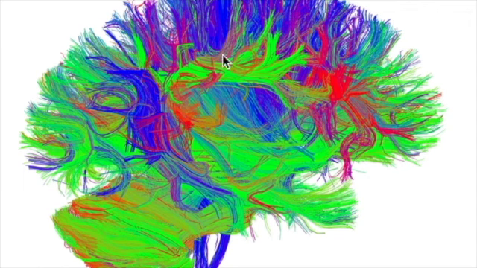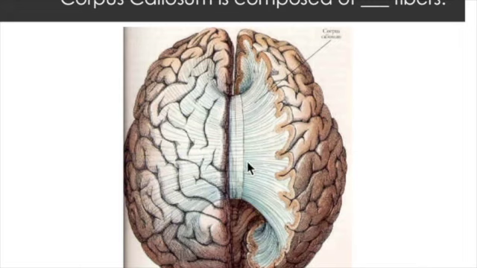This blue here is a projection fiber, going top to bottom in the brain, whereas the red here, you don't see as much red because there's so much green and blue in the way, but the red is color coding for fasciculi going left to right. As a good example, the corpus callosum is composed of commissural fibers, because they're going from left to right.